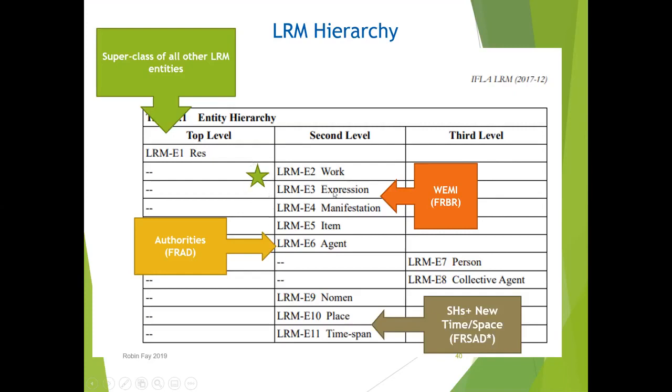Of course, your work expression manifestation item, that's your WMI. And you'll notice here, and I think this is one of the things that gets a little bit confusing about the LRM, is that it clearly states that WMI is a hierarchy. Yet, these are all on the same tier, all on the same level.